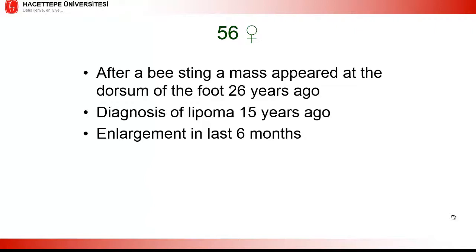So this is a 56-year-old female, and she had a mass excised 26 years ago at the dorsum of the foot, and she said that this mass appeared after a bee sting and was diagnosed as a lipoma, and now she was admitted to our hospital for an enlargement at this area with pain.